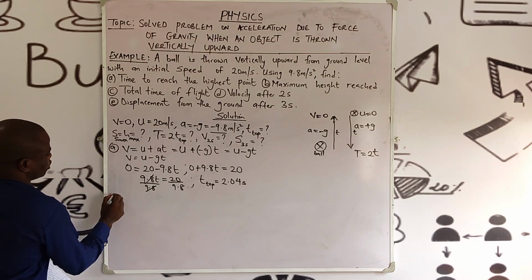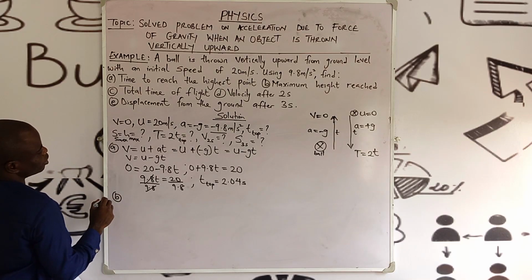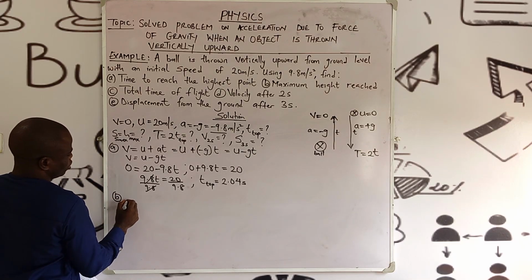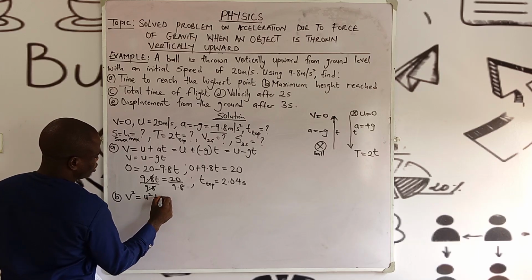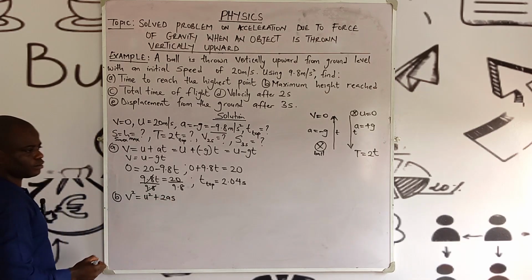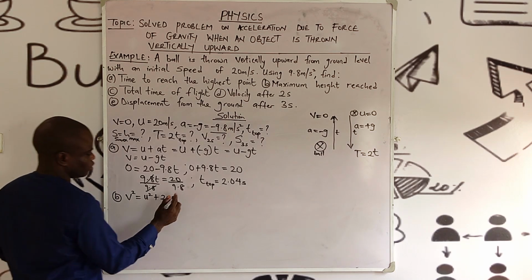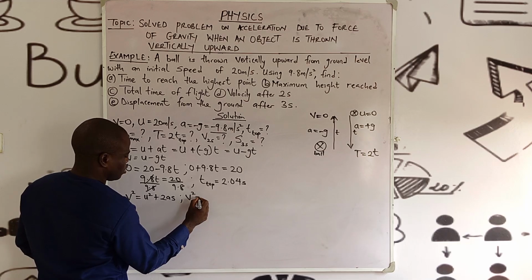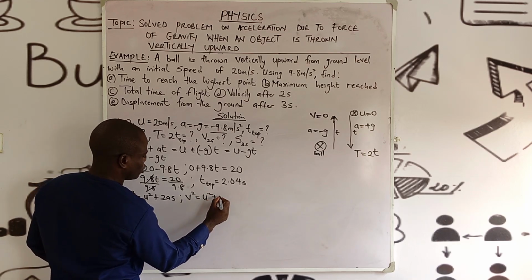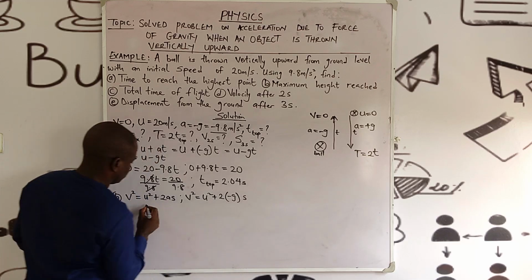Okay, now the second part, the big part of it, the maximum height reached. Use v squared equals u squared plus 2as as one of the equations of motion. Now v squared equals u squared plus 2 multiplied by minus g by s.